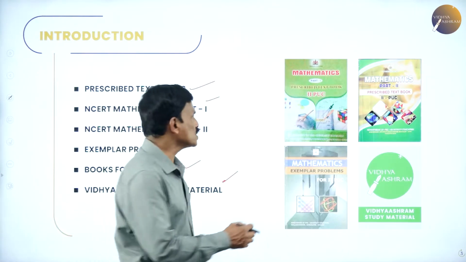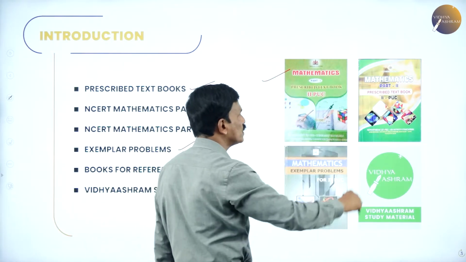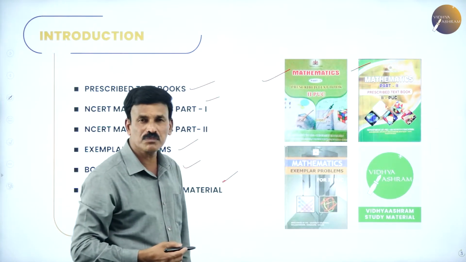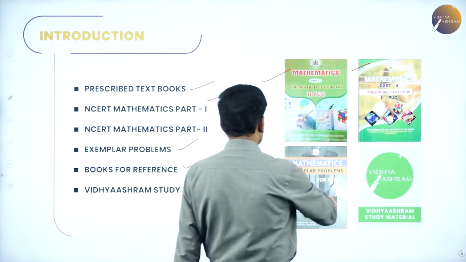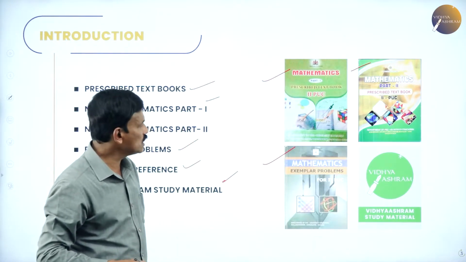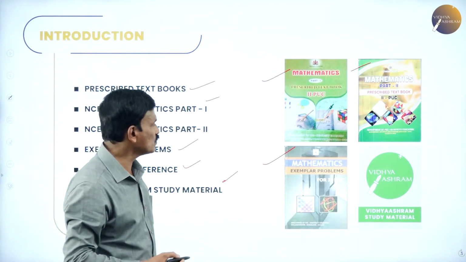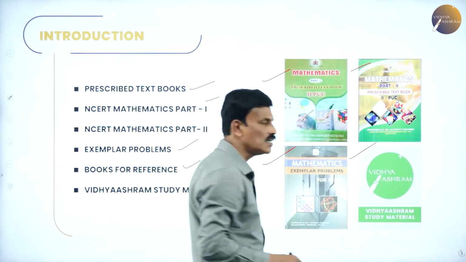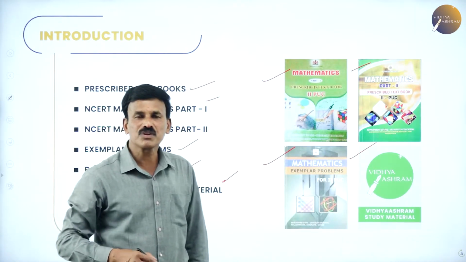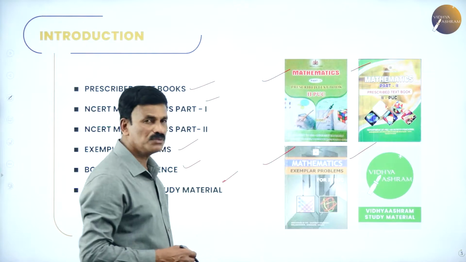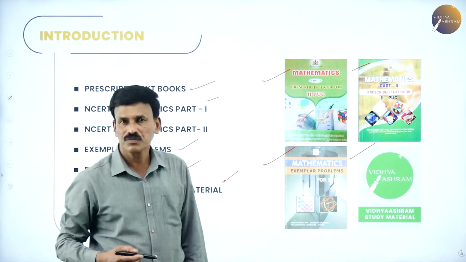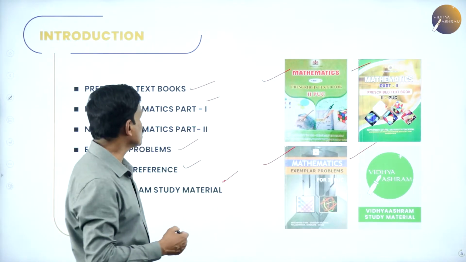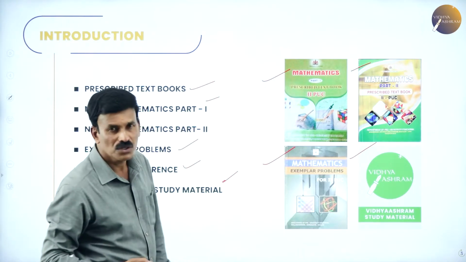Here, this is the NCERT prescribed textbook, part 1 and part 2, the exemplar problems from the prescribed board, that is NCERT, and, very important, the Vidhyaashram study material for reference. These are the reference books which we are going to study.